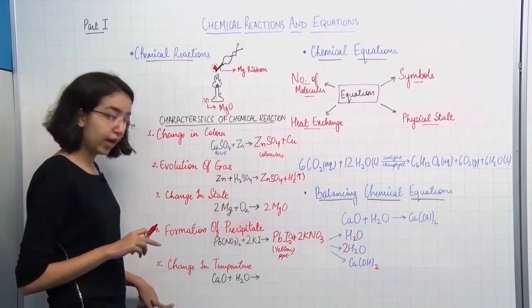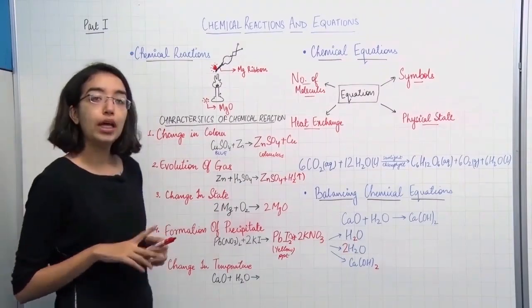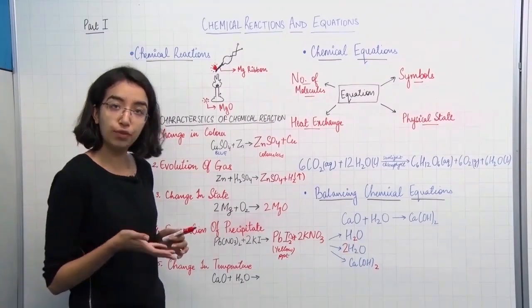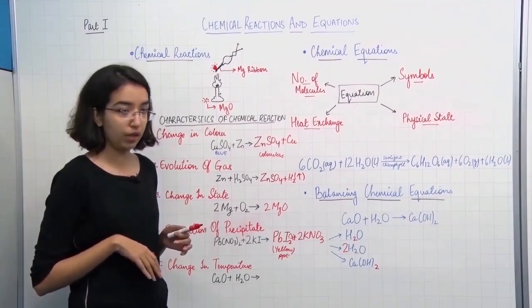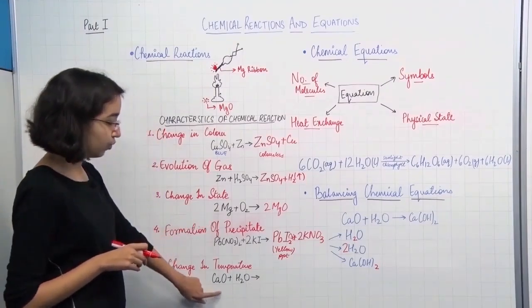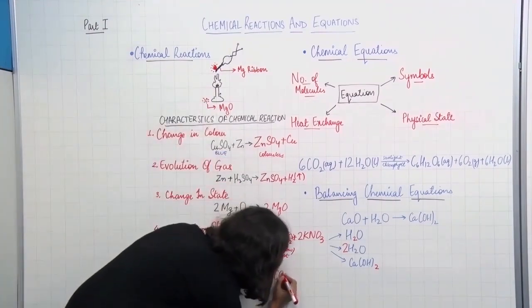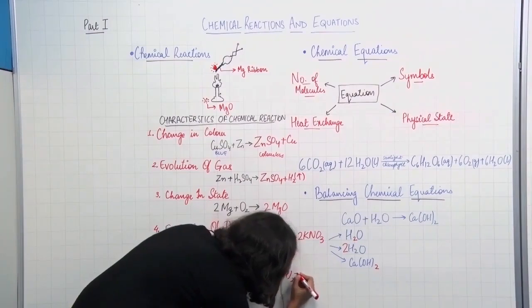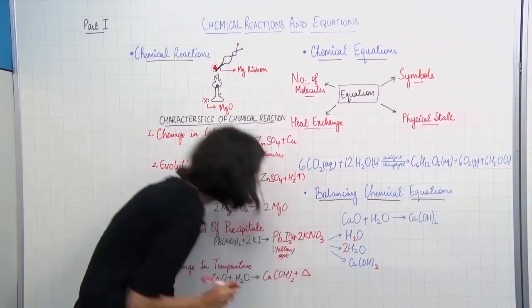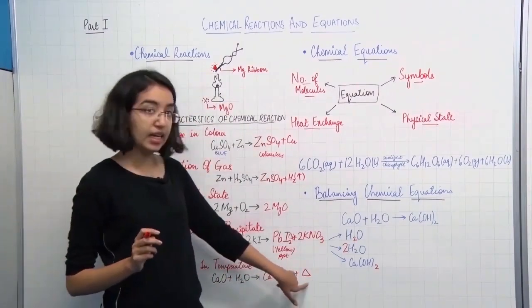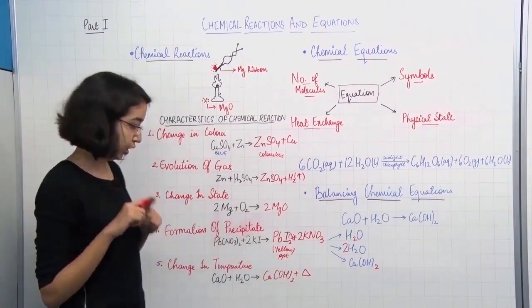The fifth and the final feature is change in temperature. Now change in temperature could mean release of heat also, and it could mean absorption of heat also. In this case, calcium oxide, when added with water, forms calcium hydroxide and heat. Heat is denoted by a triangular shape.